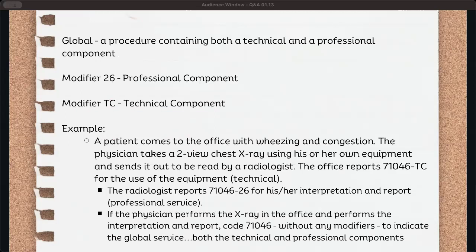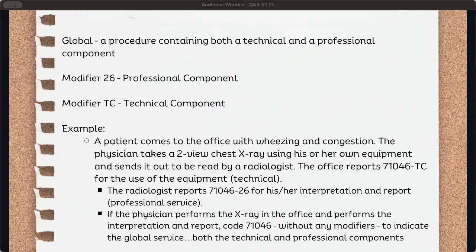The first modifier that we'll go over today is going to be the 26 and TC modifiers, since that is what the question was about. Certain procedures are going to be a combination of a professional component and a technical component. So your global modifiers 26 and TC are going to be used for procedures that contain a technical and a professional component.